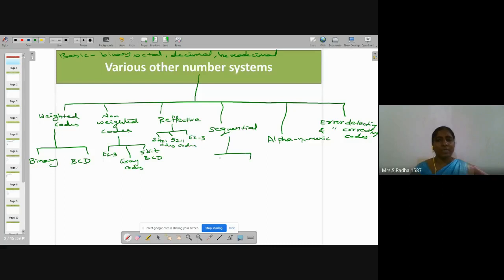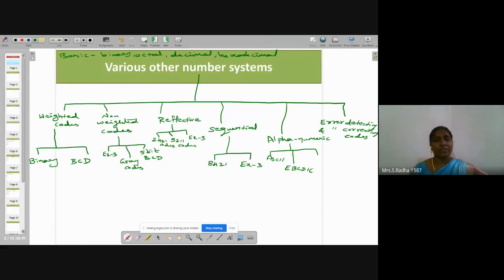Coming to sequential codes, we have 8421 and XS3. These two are sequential codes. Coming to alphanumeric codes, you might have heard this ASCII representation. Numeric as well as alphabetic characters are present. Second one is EBCDIC, extended binary coded decimal interchange code.